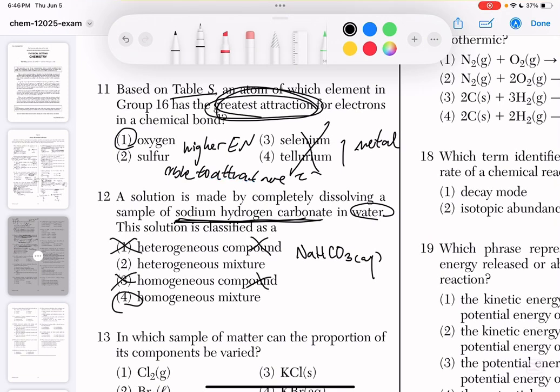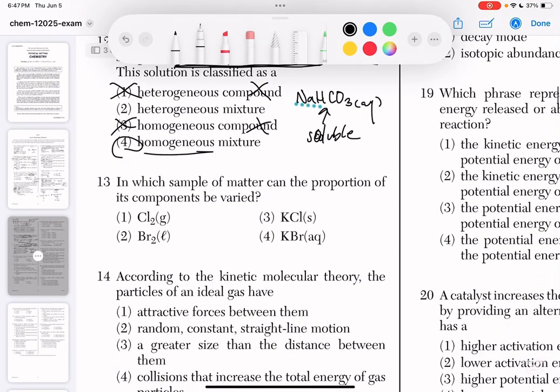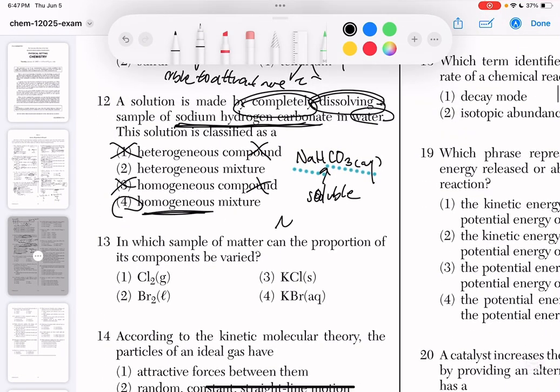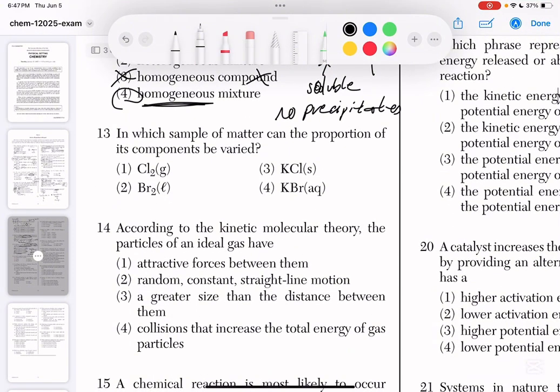And since we're completely dissolving it in water, and this is soluble too, it would be a homogeneous mixture because we wouldn't be able to see precipitates form. If we have precipitates, it'd be heterogeneous, but we don't have that, so that's not really a concern.